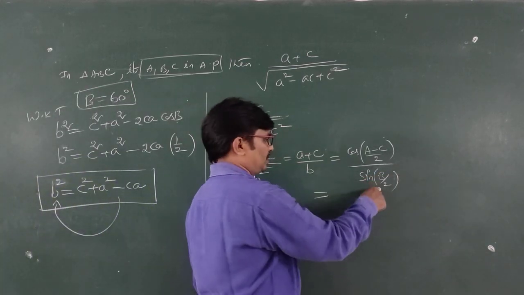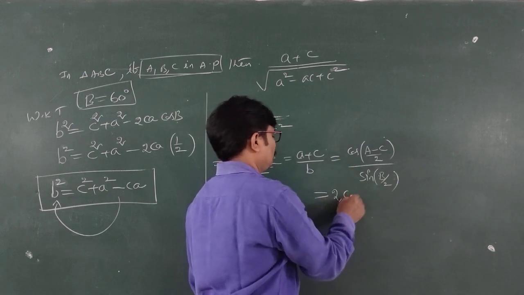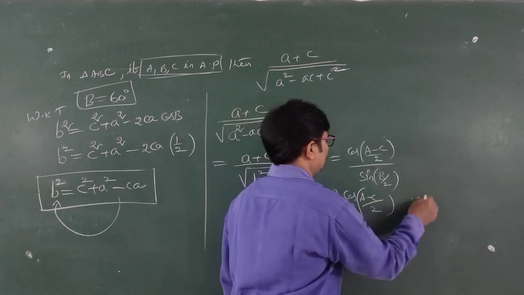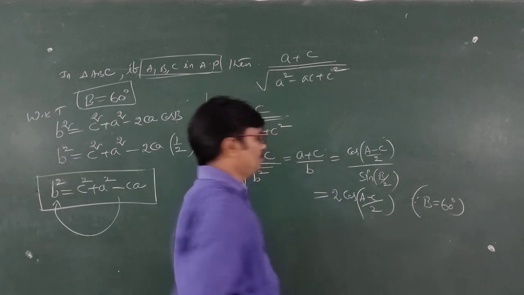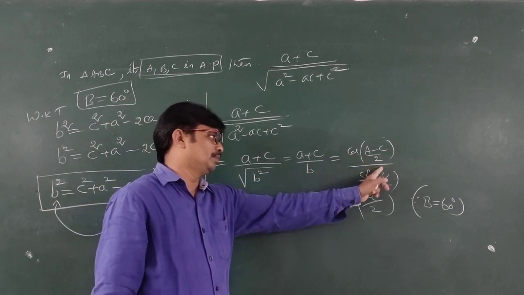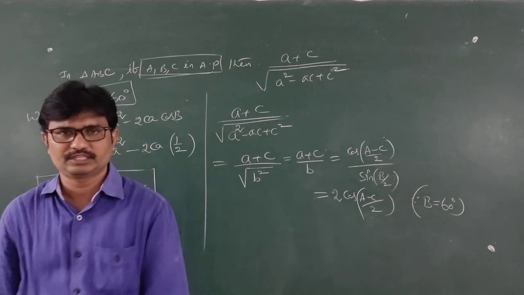Sin 30 is 1 by 2. Therefore, students, 2 into cos of (A minus C) by 2. Since angle B is 60 degrees, sin 30 is 1 by 2. Therefore, it is 2 into cos of (A minus C) by 2.